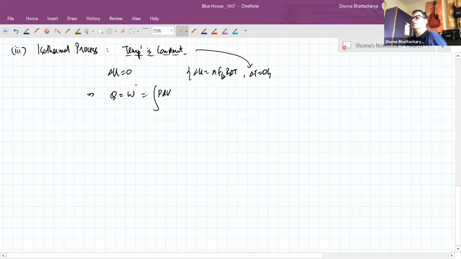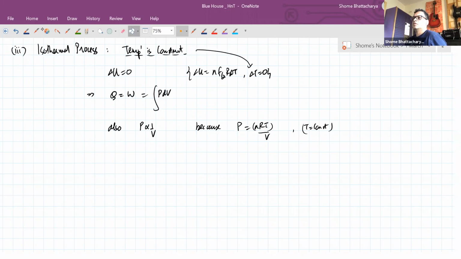Okay. Now the other thing is, because temperature is constant, also P is inversely proportional to V because P is equal to nRT by V and T is constant.